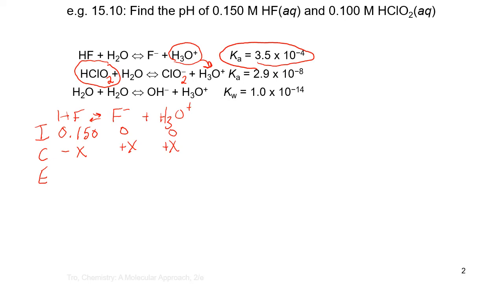So if we add these together to figure out the amounts at equilibrium, we have the amounts at equilibrium. Because we're only considering the strongest acid, we're going to write the Ka formula for that. Products over reactants.